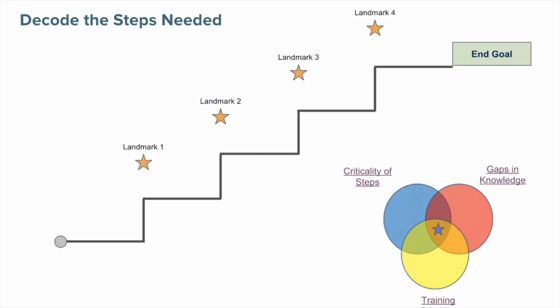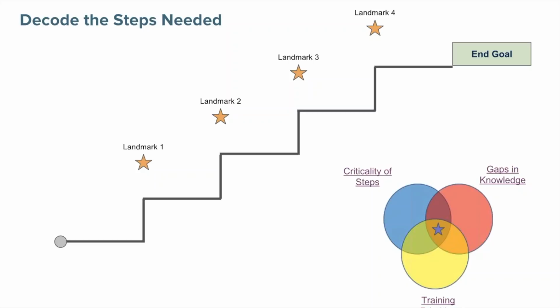What you want to do then is you want to figure out what are all the different learning pieces that a person needs to experience in order to be ready for that end goal. And you break it down, maybe there's 15 or 17 different discrete pieces. You want to pick the key, the critical ones, or group some of them together and create these incremental landmarks.